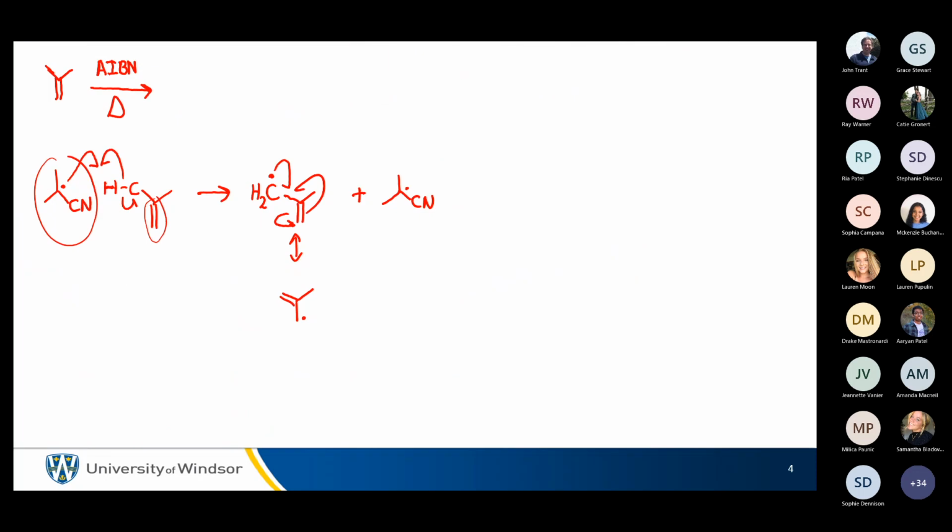Okay, so this radical, this is sort of initiation, then looks for the weakest bond. Now, again, if it tries to do the same kind of chemistry, you get the same product.